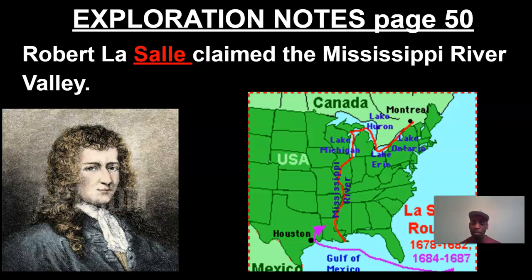Now, you may ask, why does that matter? Because at that time, the navigational tools and the ships and the maps were horrible in the 1400s. And yet John Cabot was able to find these places.